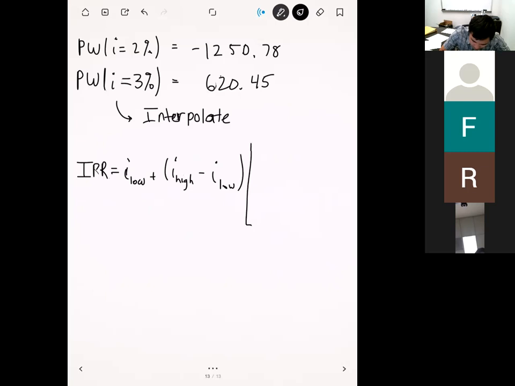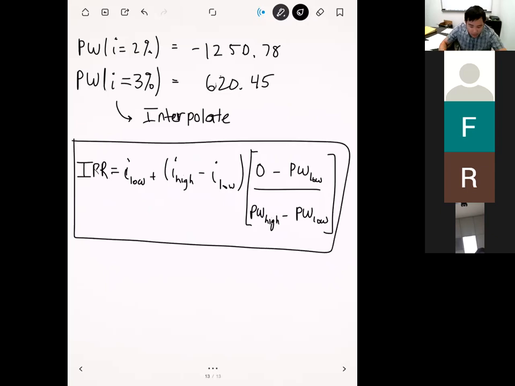All right, so let me finish up writing this formula here, and then we'll discuss it, because it's a little bit of a specialized form of the interpolation formula that you probably are aware of. All right.